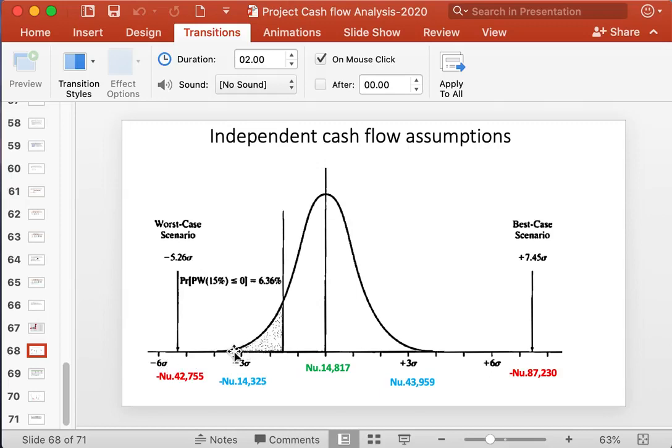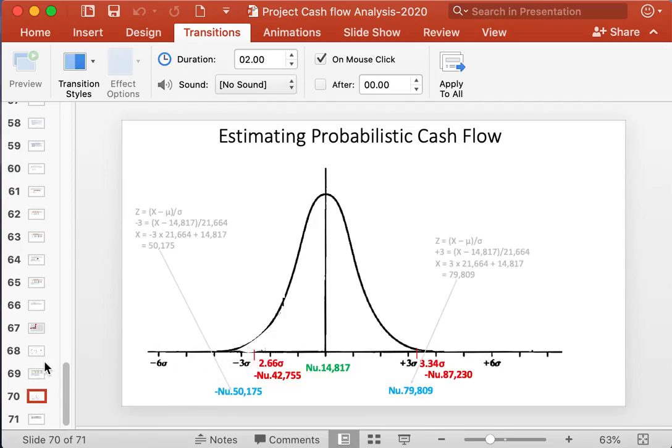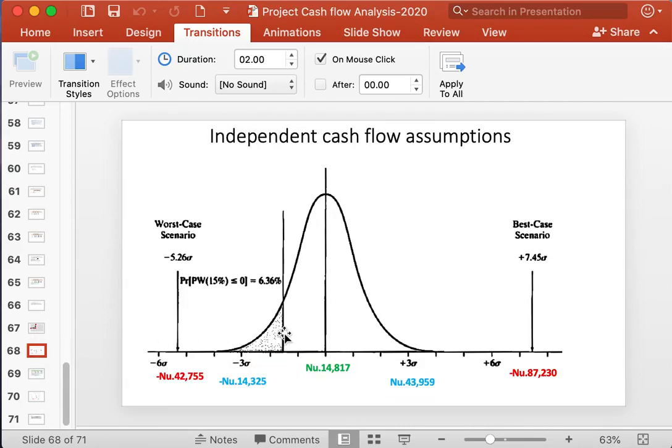So if you calculate the area under this curve from this point towards the left side, then that will give you 6.36%. The 0.9370 is the area on this side of the normal probability curve, area on this side.